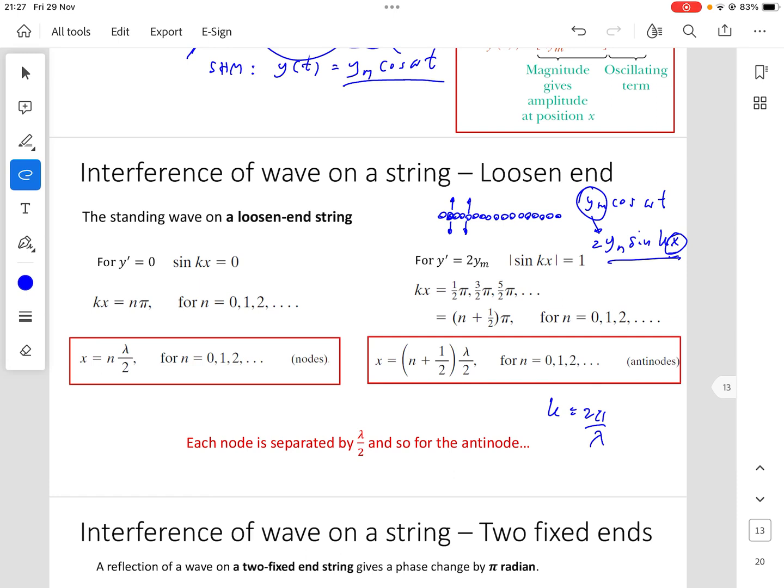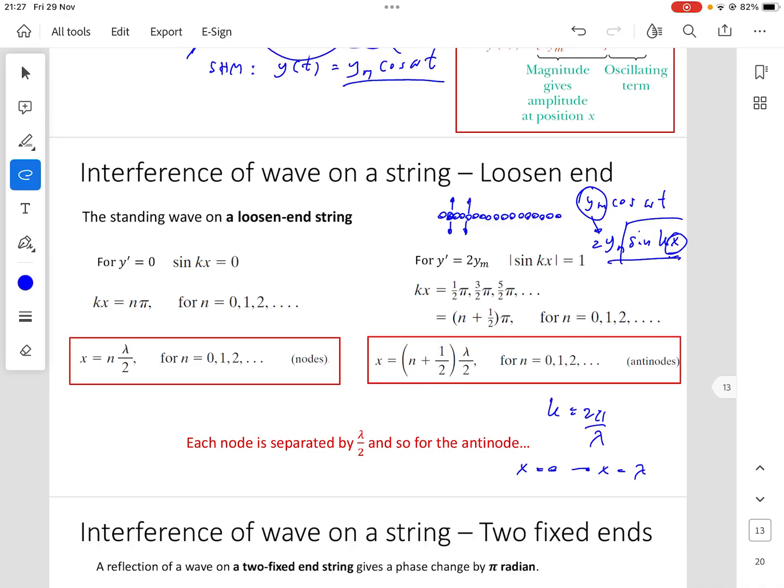When the value of x goes from 0 up to lambda, that is one complete cycle, right? It will start from x equal to 0 again, because this is a property of the sine function.